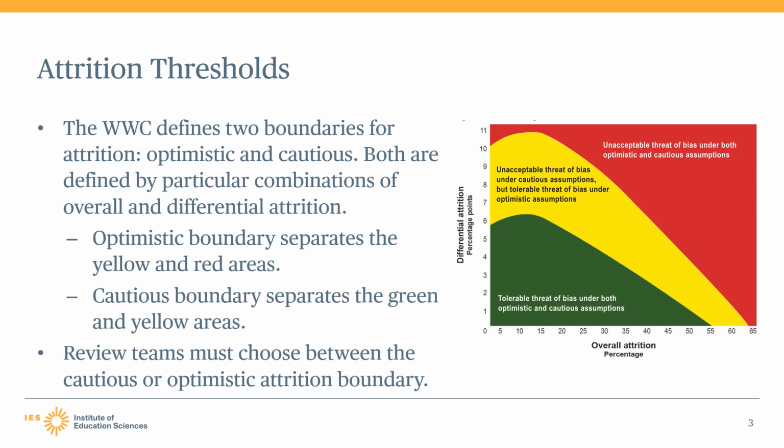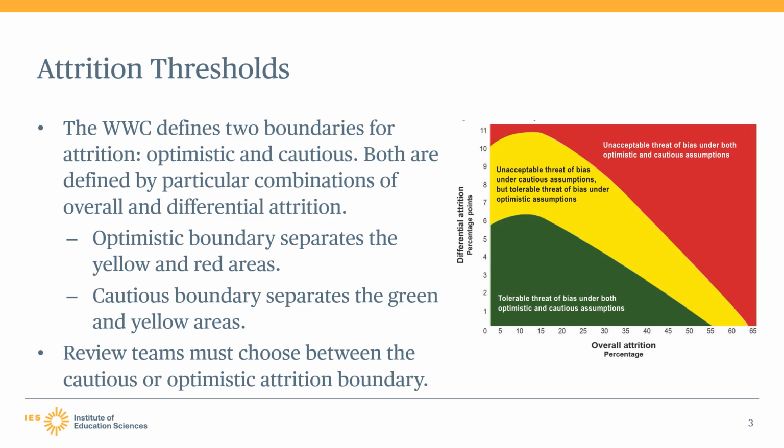Recall from the group design training that attrition refers to the loss of study units after allocation to research conditions. Attrition is important because it can change the composition of the groups and potentially affect the estimated impact of the intervention being tested in the study.